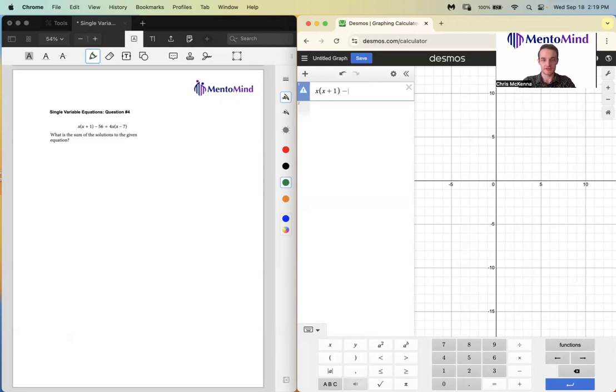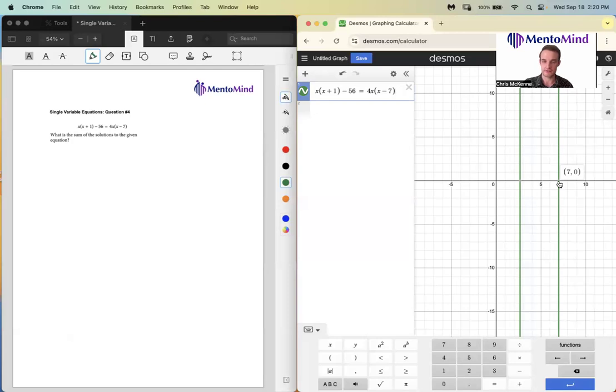So let's see, minus 56, and this is equal to 4x times x minus 7. Okay, and there we have it. There's our solution. Okay, we have two vertical lines which indicate that the solutions are x equals 2 2/3 and also x equals 7.